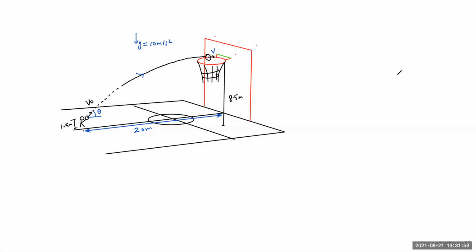First we have to find v naught and then the theta? You can find v naught first, and I think theta is not required. If you can find v naught, your job is done.